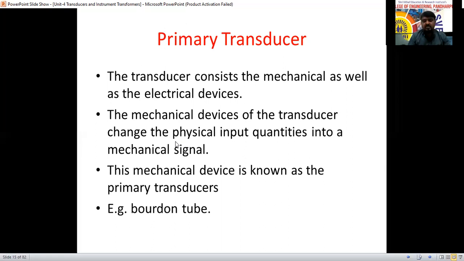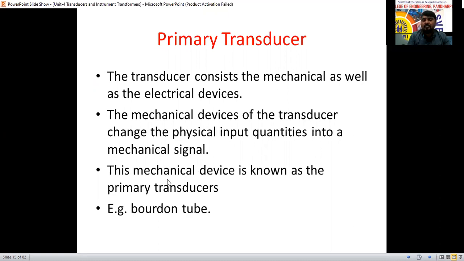So a primary transducer converts a physical quantity into mechanical energy, a mechanical quantity. That is called a primary transducer. An example is the Bourdon tube.